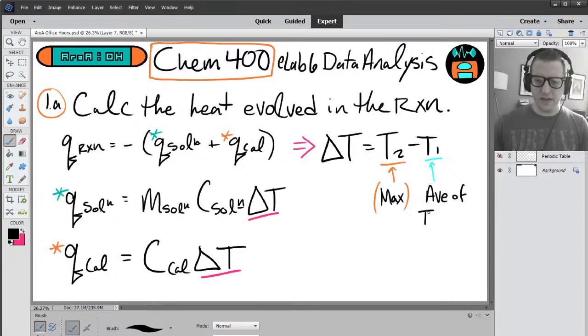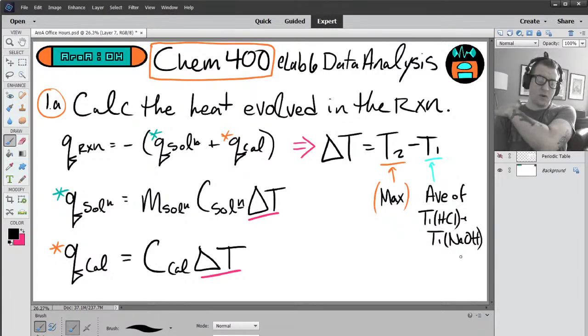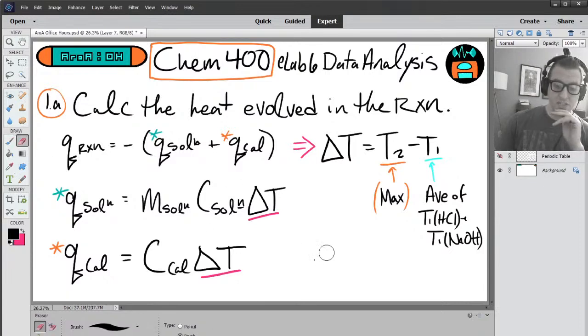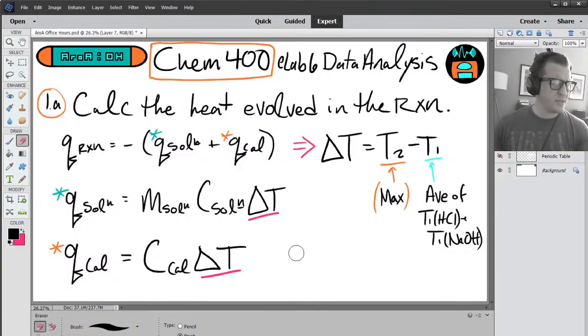Use the average of T1 HCl and T1 NaOH. That is the temperature we're going to use for our initial temperature for both these calculations. And it's not a bad place to start. Let's go ahead and knock that one out.